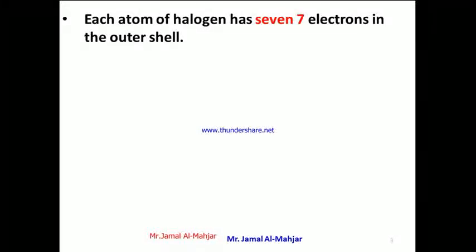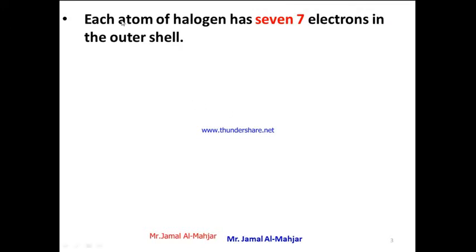As I said, they are put in group 7 because each atom of halogen has 7 electrons in the outer shell, or in the last shell.